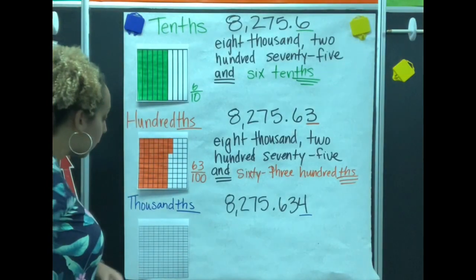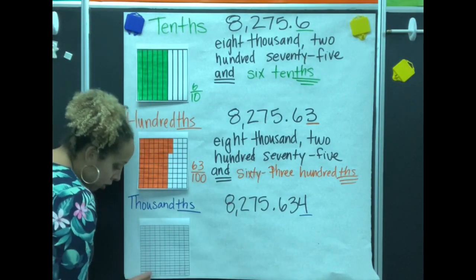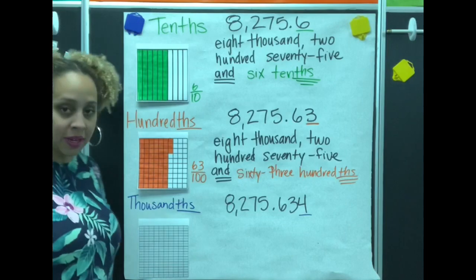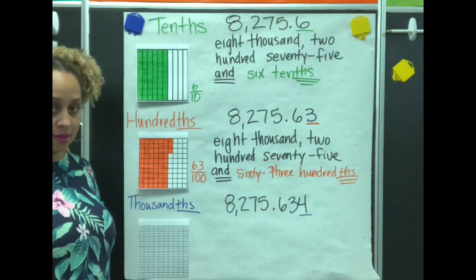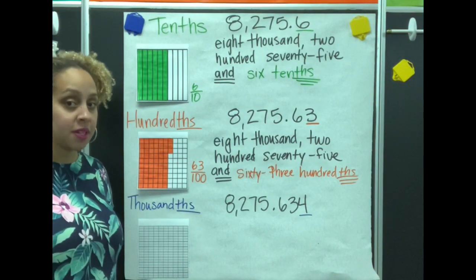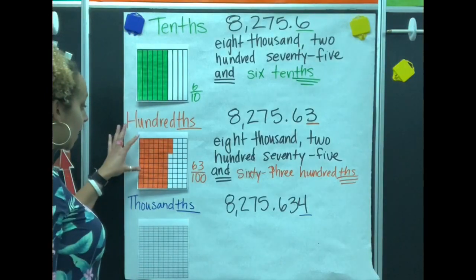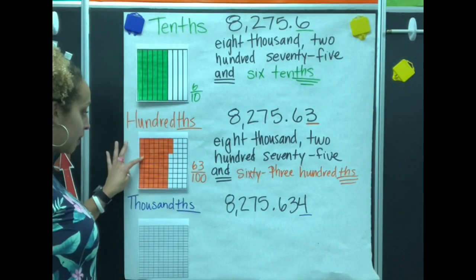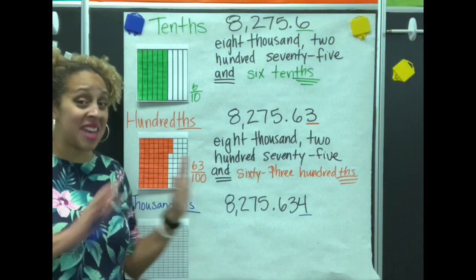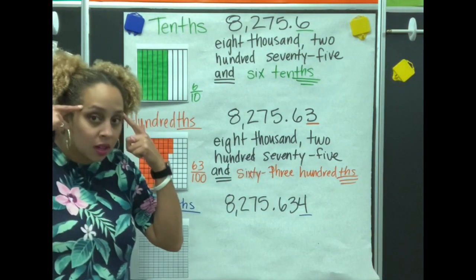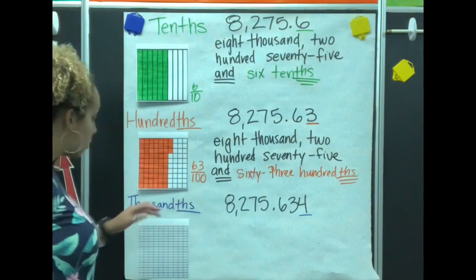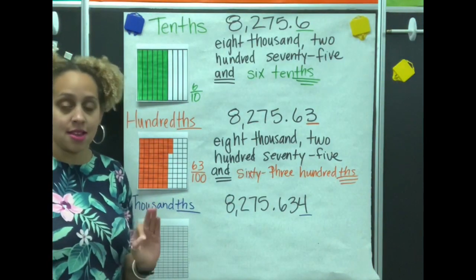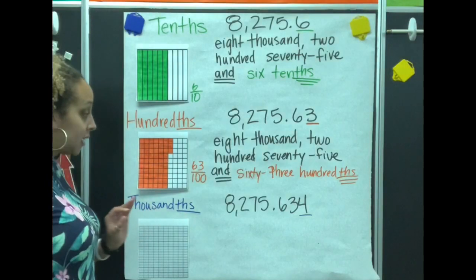What I know is that each column has how many pieces in it? It has 100 pieces in it, because I had 10, and then I put 10 pieces in each one of these. Well, what is 10 times 10? 100. So that means that each one of these columns has 100 in it. So I need to count up how many?